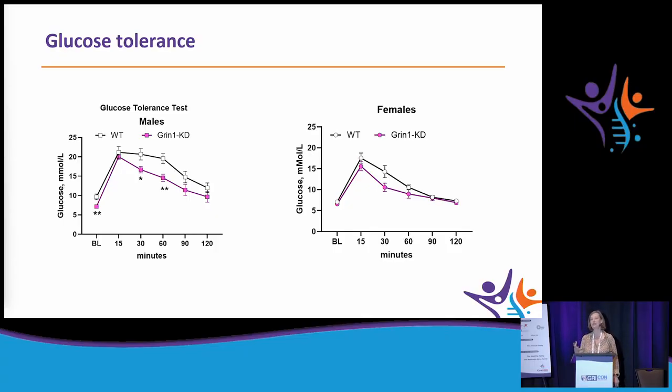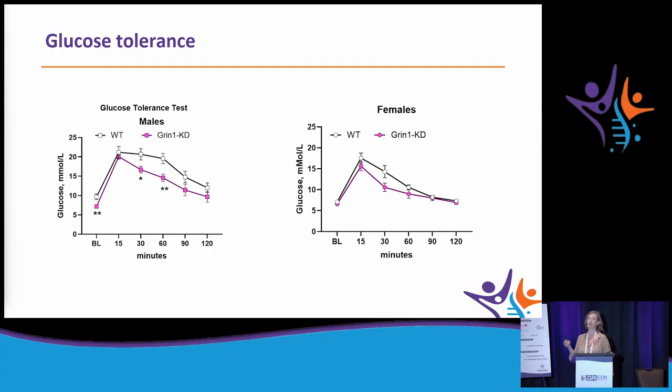So that's an indication, your body should take that glucose and put it into your tissues and put it into your liver. And it does that with insulin. So what you'll see over here is a spike in glucose when you give glucose in the blood. And then the body will clear it.